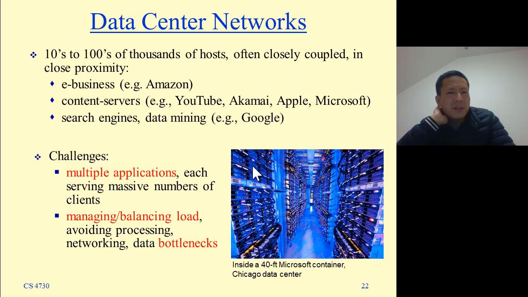Usually they consist of many thousands of hosts, closely coupled in close proximity to do, for example, e-business, cloud computing, client-server services like YouTube, Akamai, Apple, a lot of different companies doing content delivery, and also search engines and data mining. Almost all applications nowadays are deployed in the data center. So the data center network is very important.